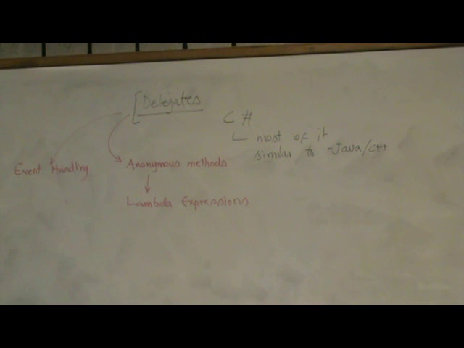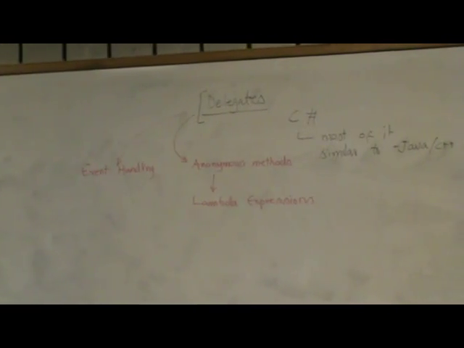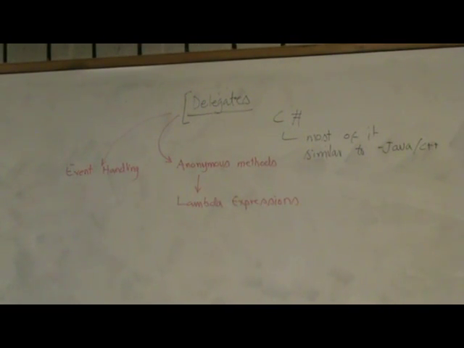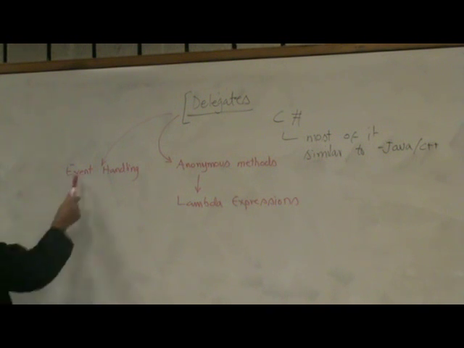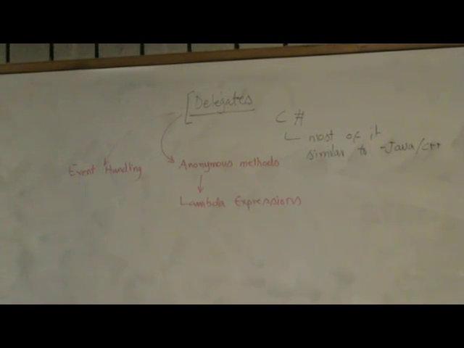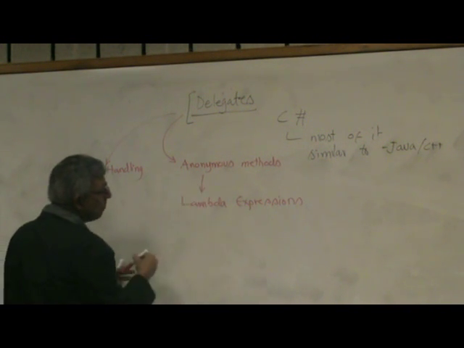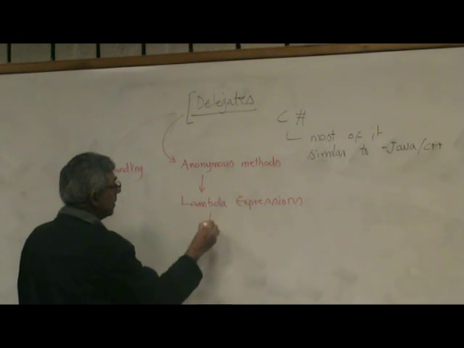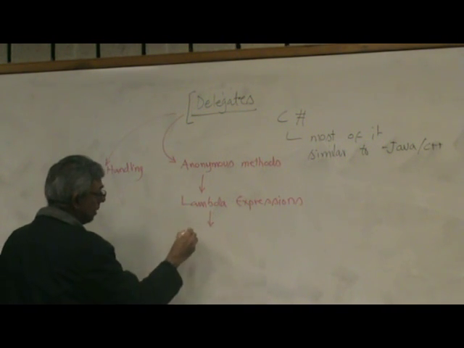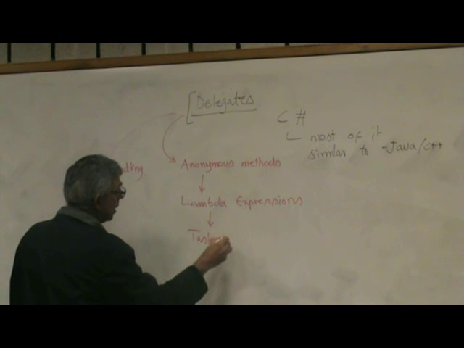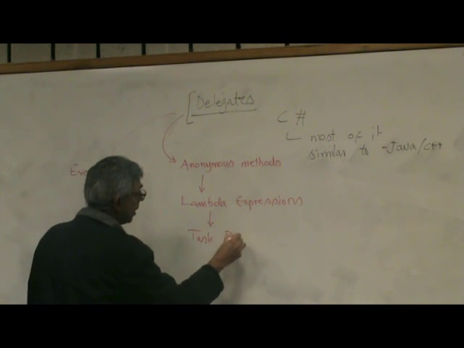For example, if we click on a button or select a menu, how do we know what should be triggered? As you will see, all event handling is done through the delegate mechanisms under C#. Lambda expressions further give us a very powerful concept called the task parallel library.